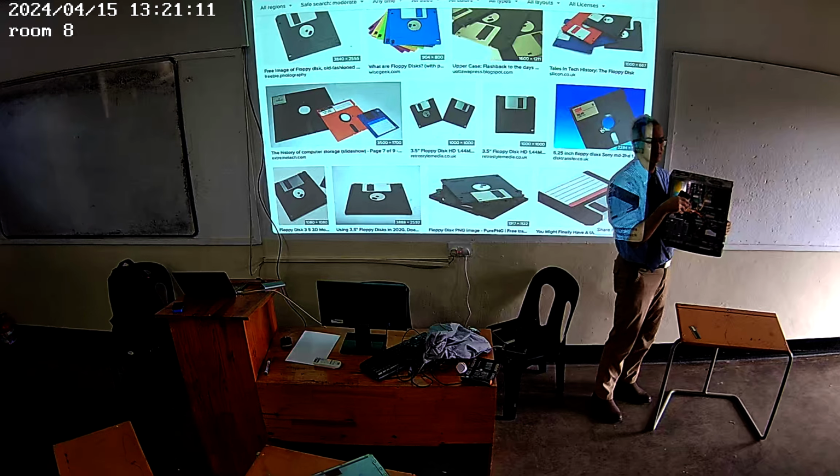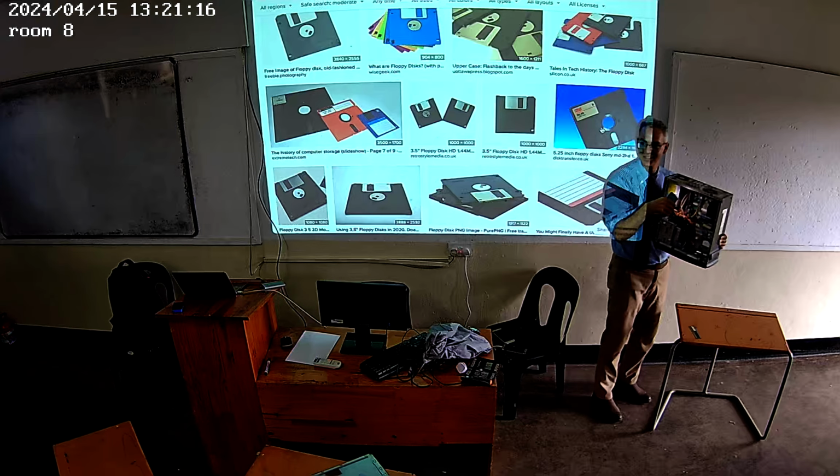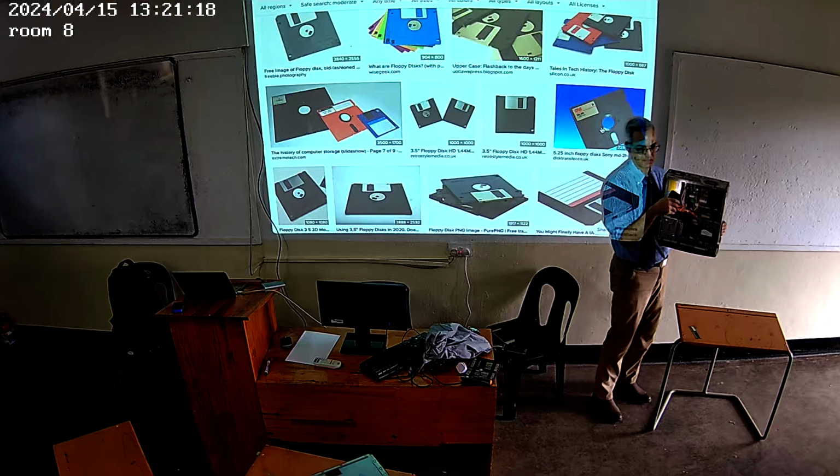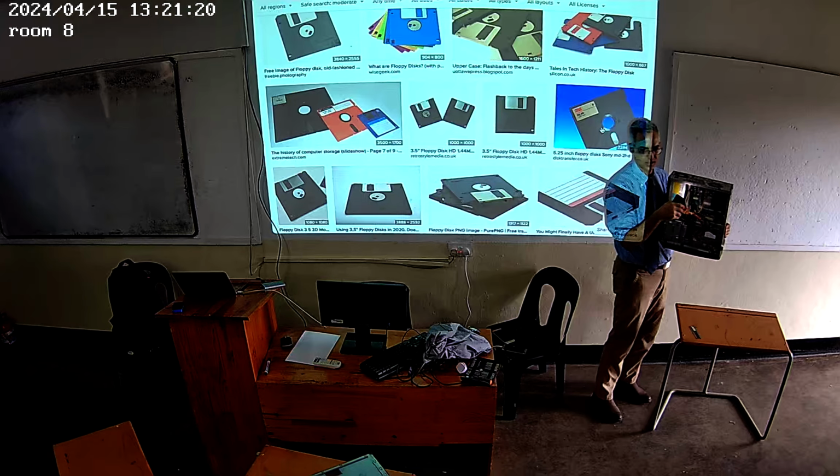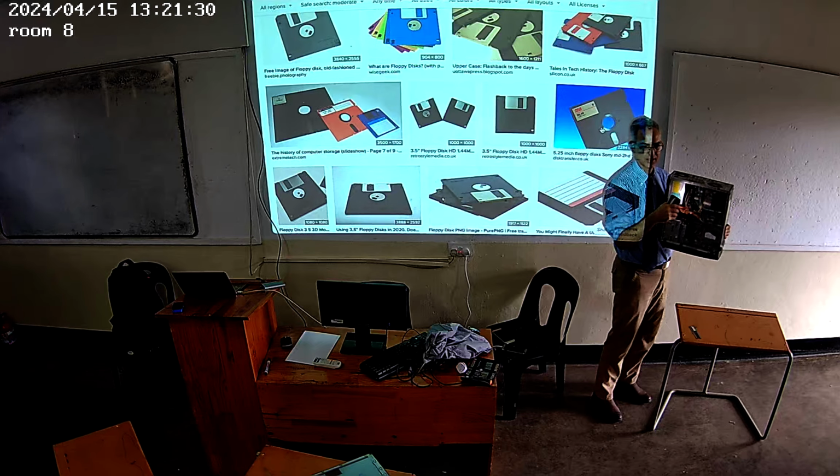Transformer? Good guess. Not what it is. Other guesses? Say louder. Resistor? No reasonable guess? Any other guesses?